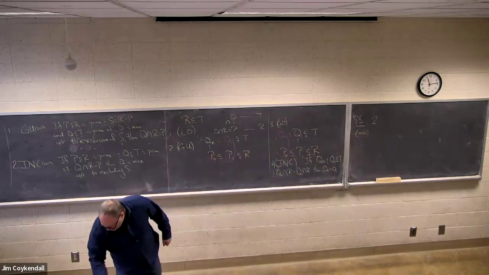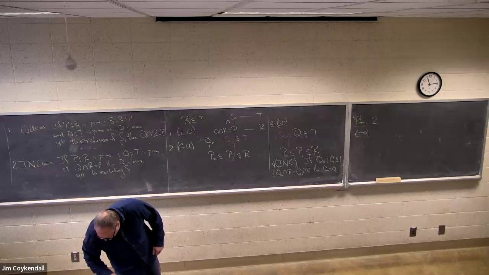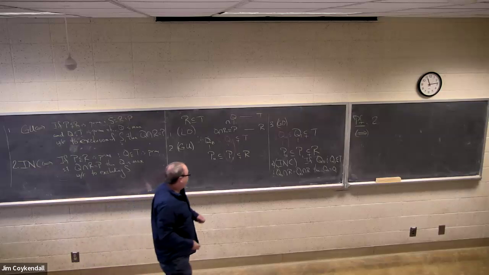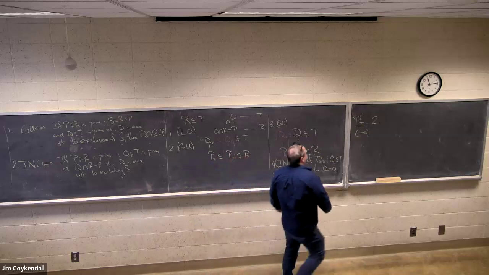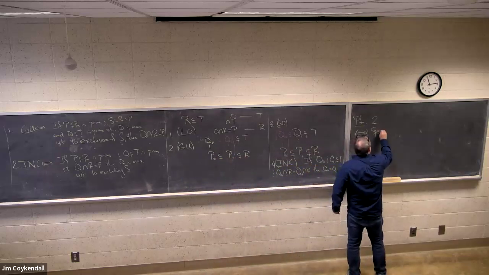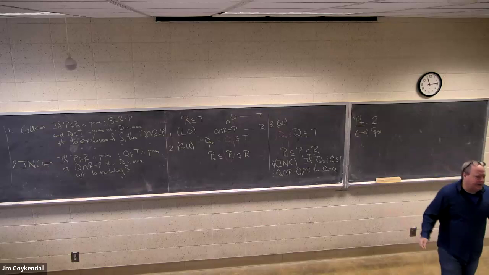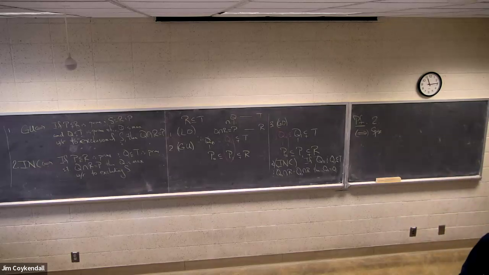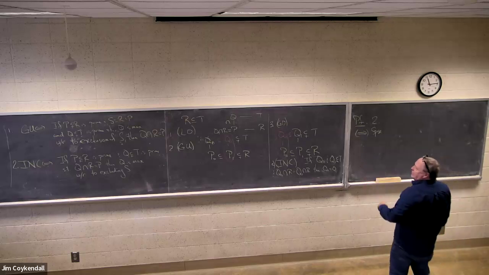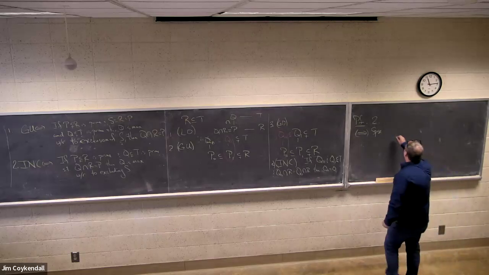Okay, so what happens here? So let's suppose. What we know is we've got incomparability, right? So that's in our toolbox. We've got incomparability, and we've got to show that this crazy property happens.